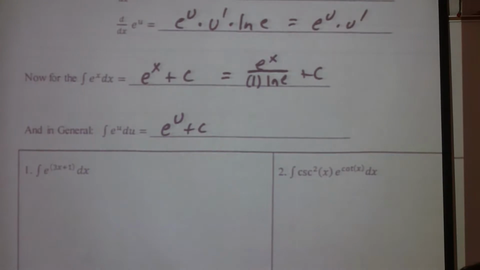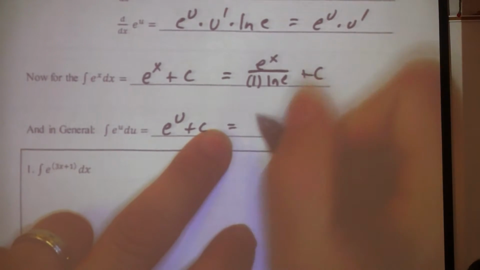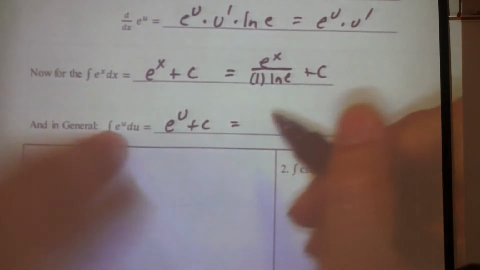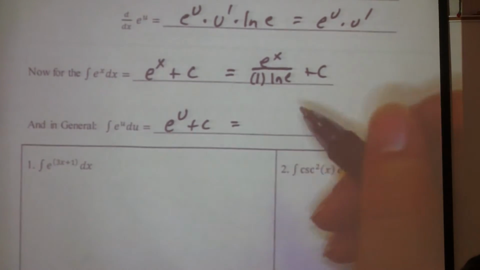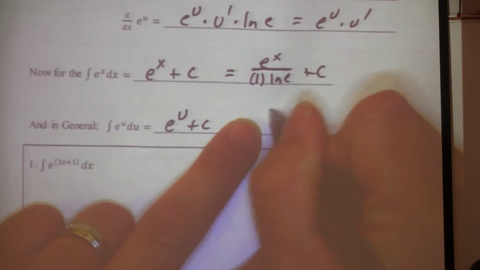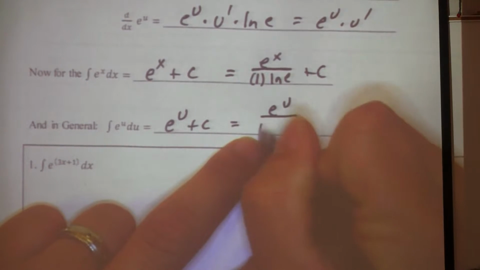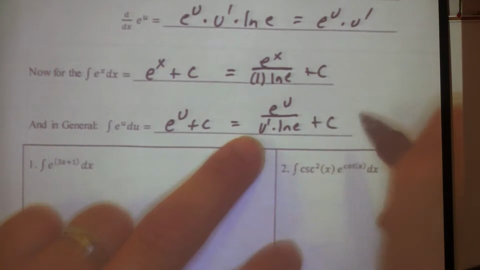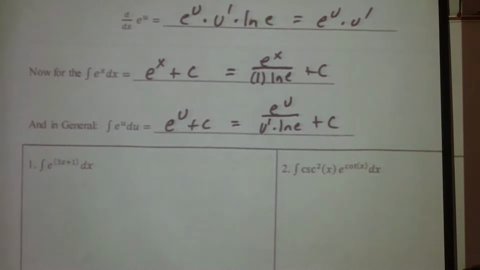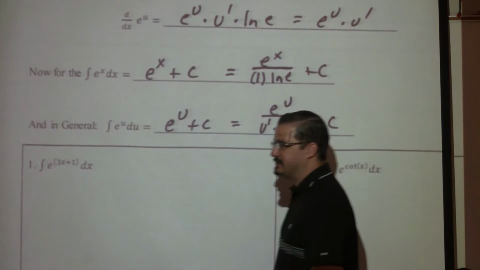Okay? What's really happening is this. If you were to treat it by itself without doing u substitution, just looking at it by itself, and you wanted to work out the problem, this is what it would be. E to the u divided by u prime times ln of e. Plus c. But you would have to look at that part in the problem by itself.